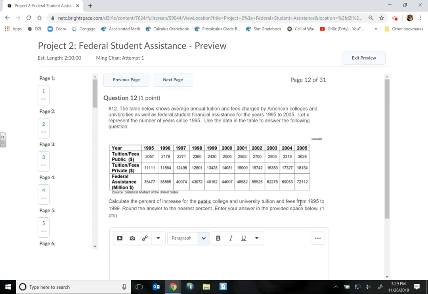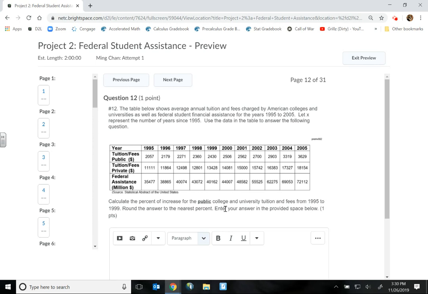If I want to find the percentage increase from 1995 to 1999 for public college tuition fees, I subtract to see the amount of increase, and take that increase divided by the amount that I am from. So if you take 2430 minus 2057, that will give you the increase, and you divide it by the number that you are from, times 100, that will give you the percent increase. Make sure you round all the answers to the nearest percent.